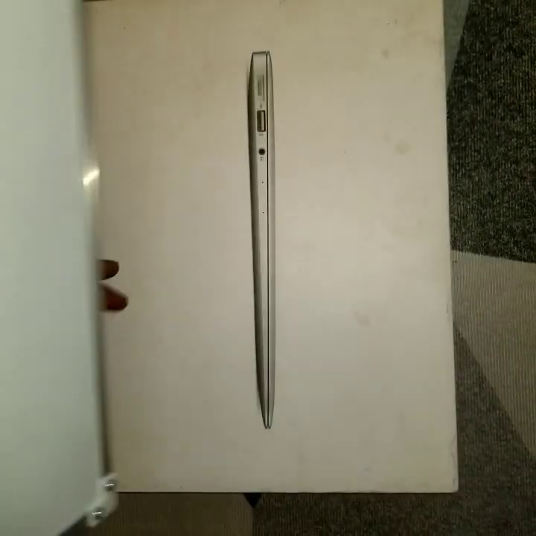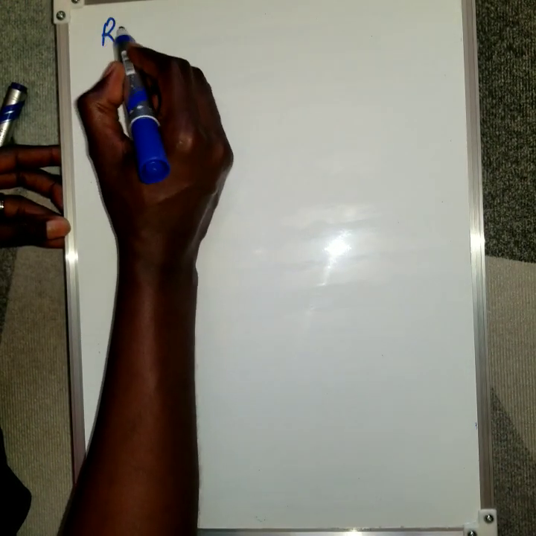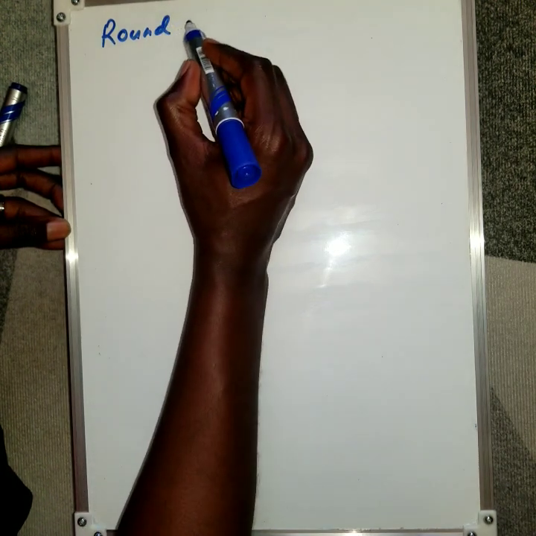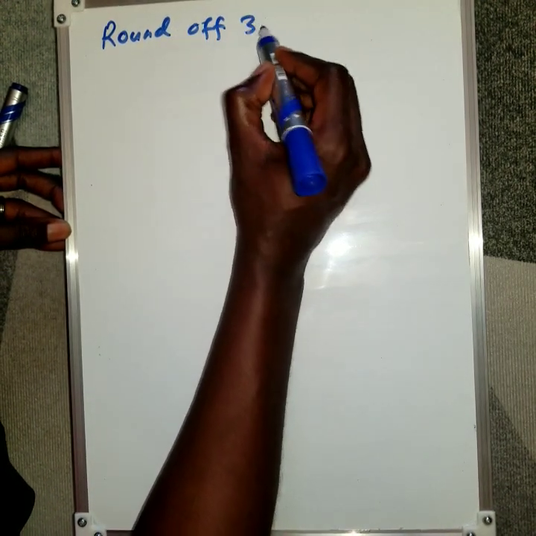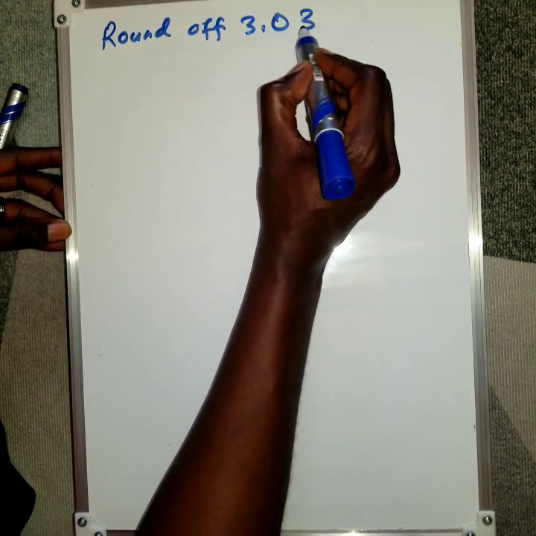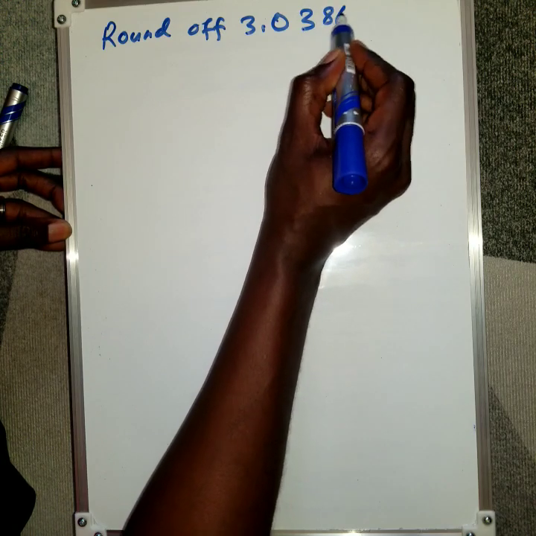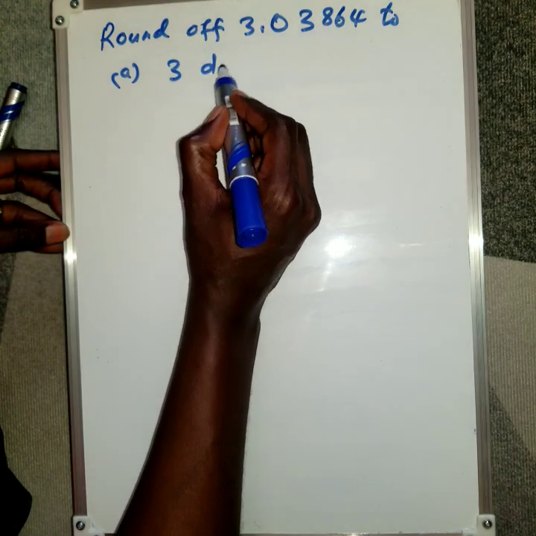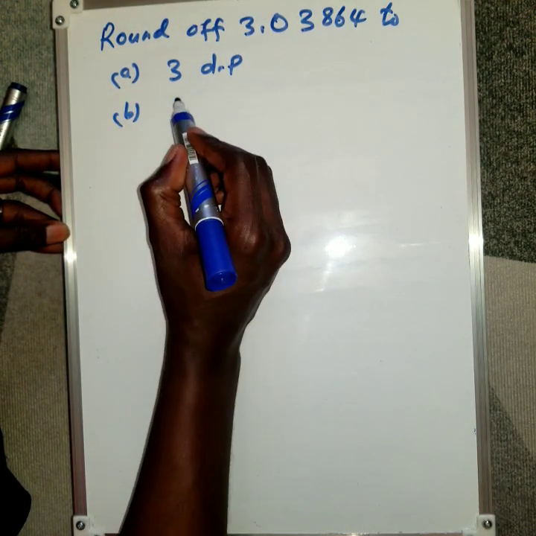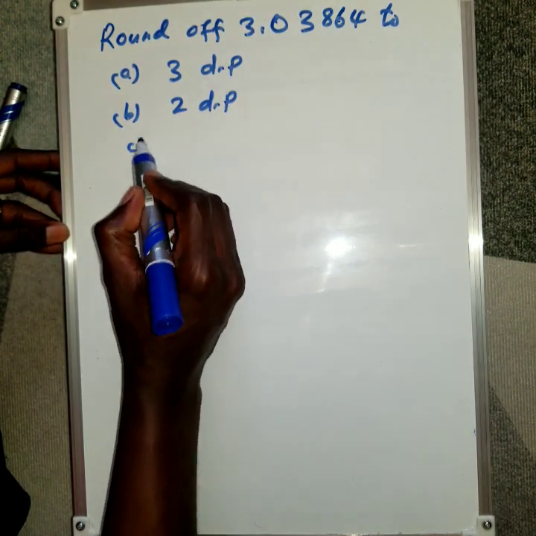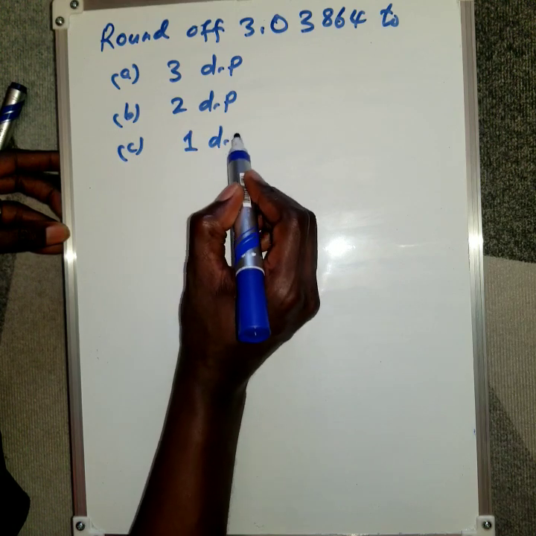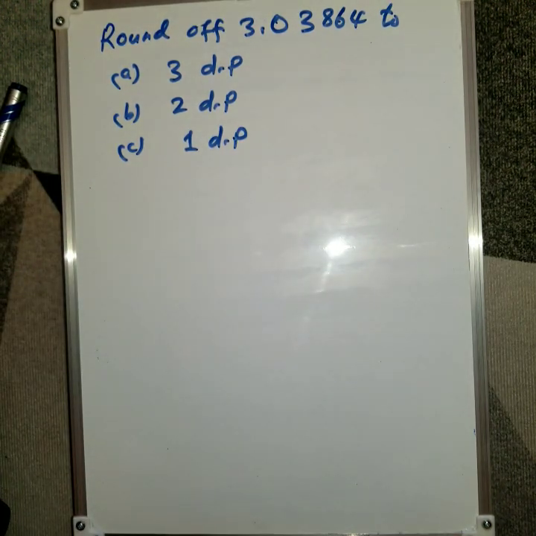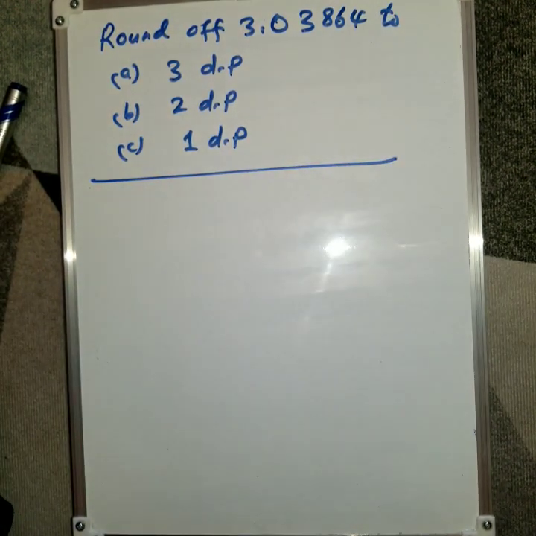All right, let me give you some more examples so that you can practice. Round off 3.03864: A, round off to 3 decimal places, B, round off to 2 decimal places, and C, round off to 1 decimal place. Go ahead, you can pause the video and try out this question.